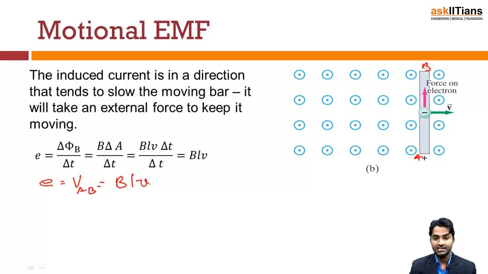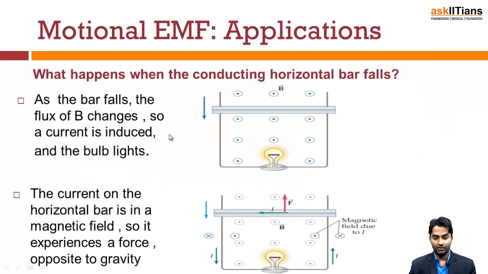Now we will discuss the application: if we connect a bulb across this coil, and this is a conducting rod moving on these rails with velocity V.